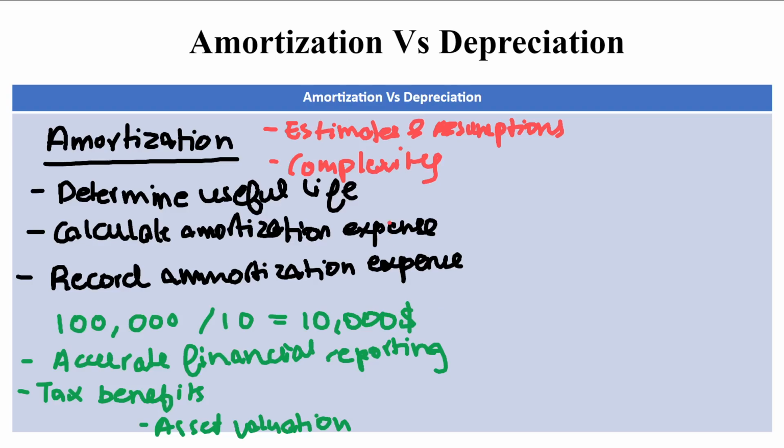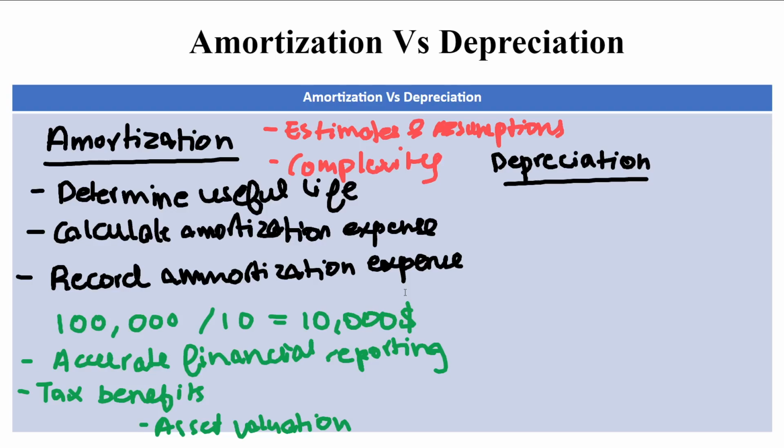All right, so that is pretty much everything you need to know for amortization. Now we're gonna look at another similar concept, which is depreciation. Depreciation is the process of allocating the cost of a tangible asset over its useful life.